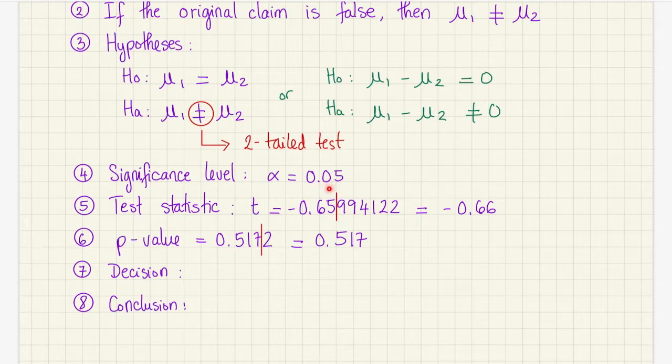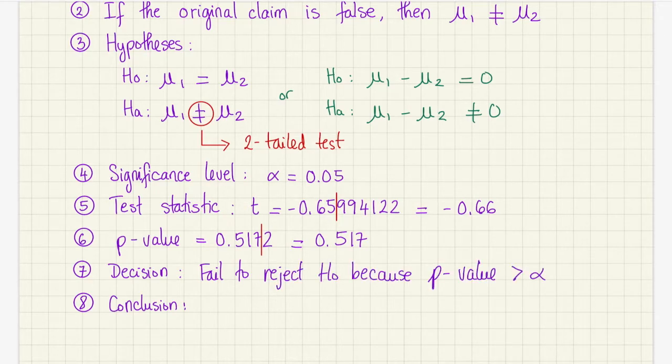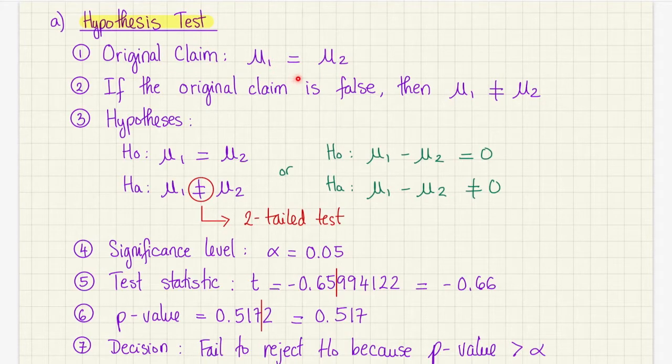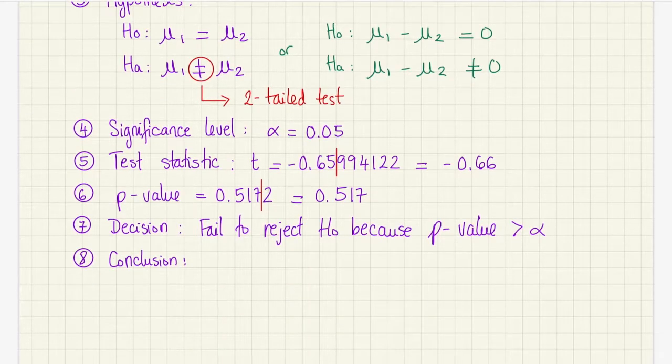The p-value is greater than alpha, so we do not reject H0. Since I don't reject H0, and H0 is mu1 equals mu2, and H0 is also my original claim, that means there's not sufficient evidence to warrant the rejection.